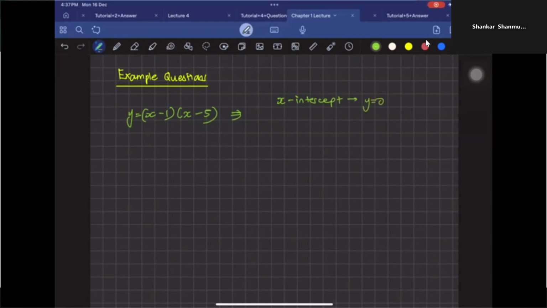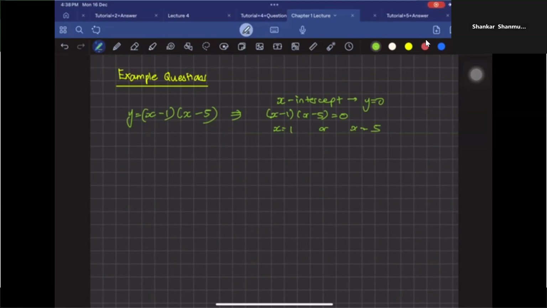So when you equate (x minus 1)(x minus 5) to 0, you will get x equals 1 or x equals 5. Okay, so this is basically your x-intercepts. You have 2 points already, so you know that the graph intercepts the x-axis at two different points.